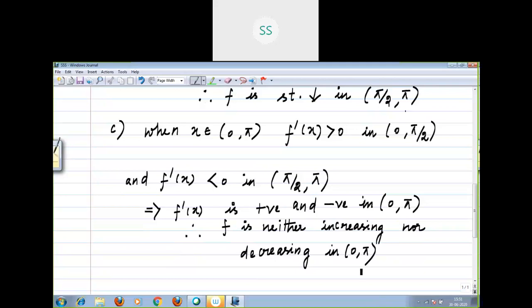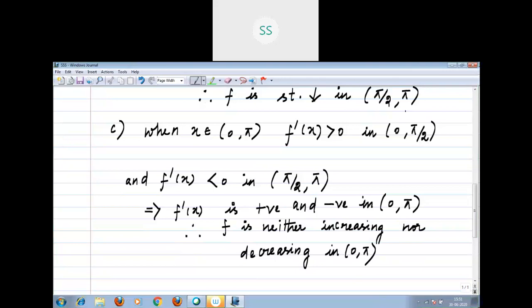Why am I saying it is neither increasing nor decreasing? For example, if the function from 0 to pi by 2 is given, cos x is always increasing, we can say, right? Say yes or no. It is positive here, from 0 to pi by 2, the function is positive. After that, it is negative.